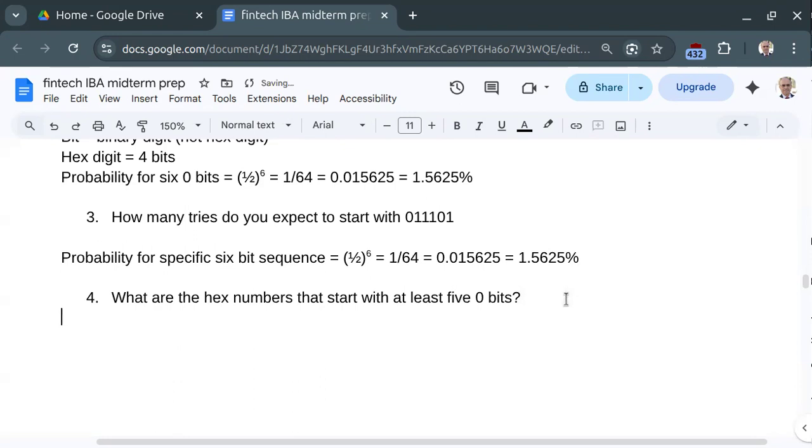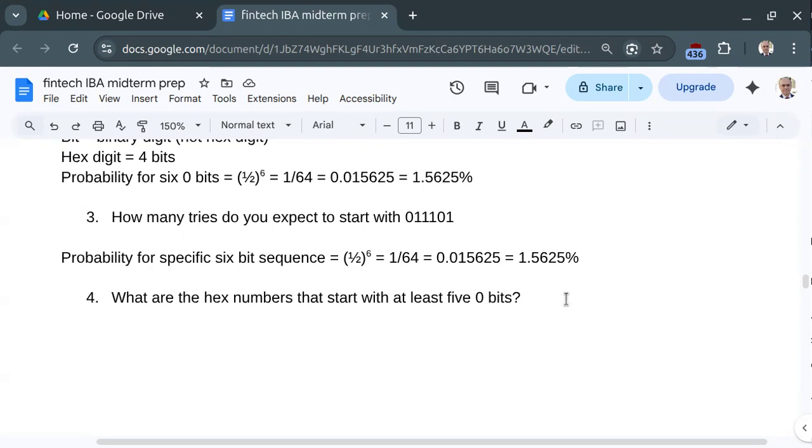Now, let us come here. A little more difficult type of problem is that we are asked not for a particular sequence, but to get a number which has a specific number of zeros, and we are asked what type of hexadecimal numbers would satisfy that. In that case, we want to have 50 bits. And the question is, what are the hex numbers?